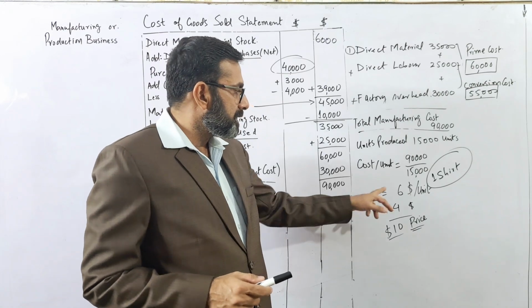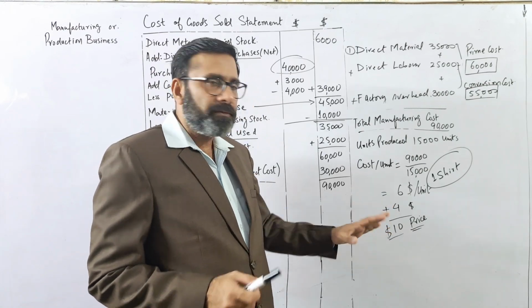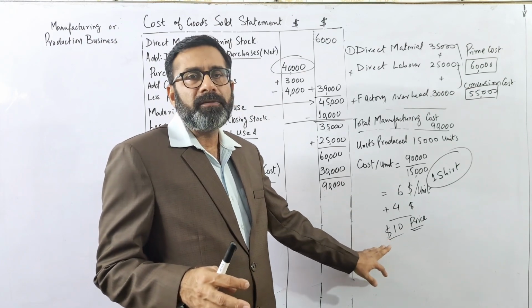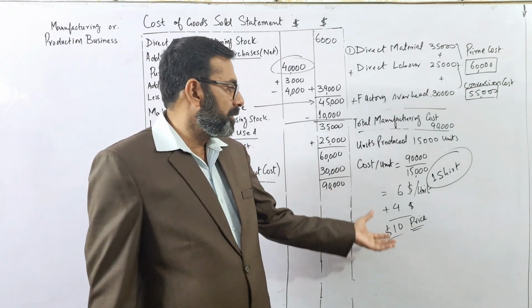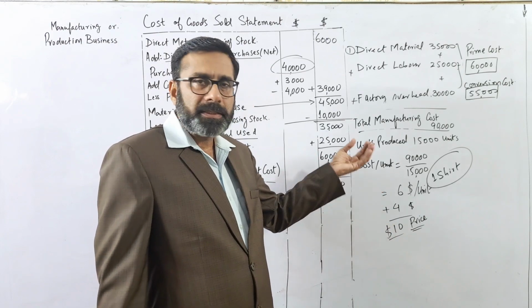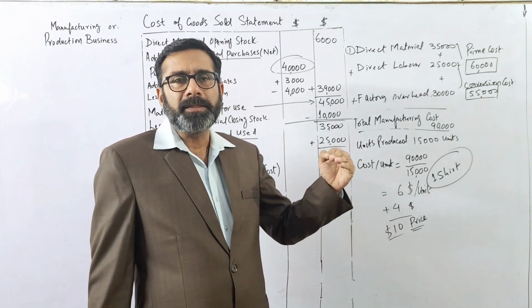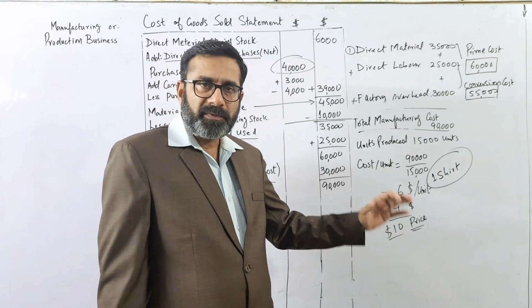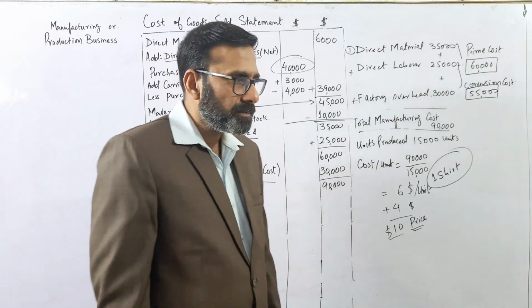So here it is $6 and they add $4 for the profits and the other expenses. So it is $10 they fix the price. For fixing the price, obviously they need to know how much the cost is. So they add some margin like 20, 30, 40%, and then they sell it at a specific price.